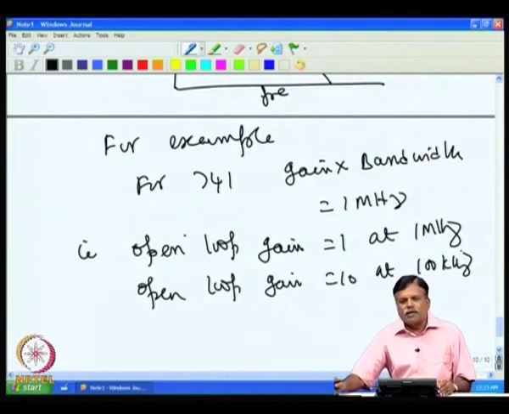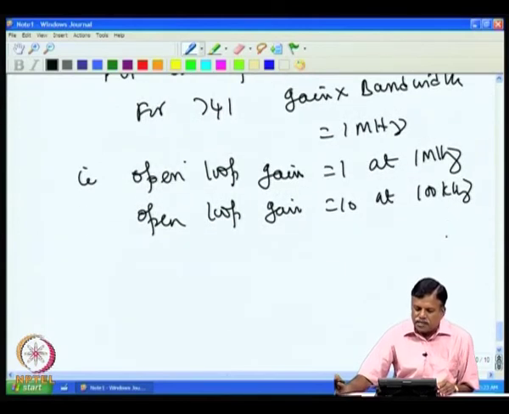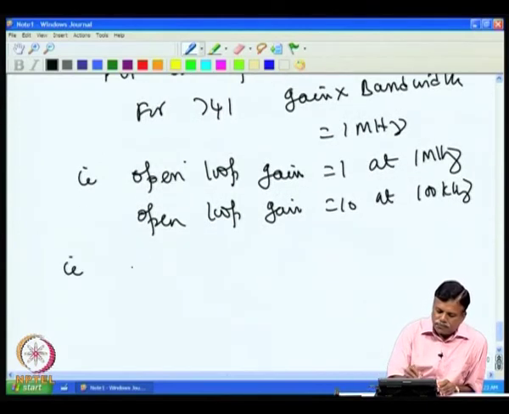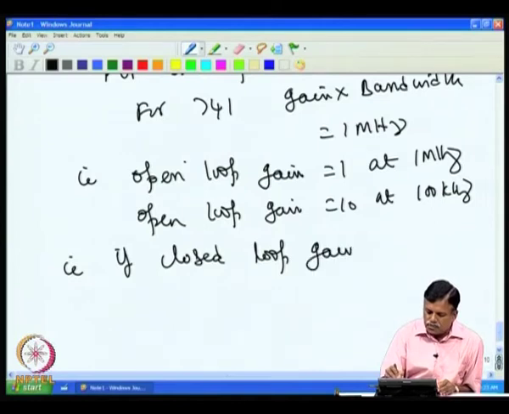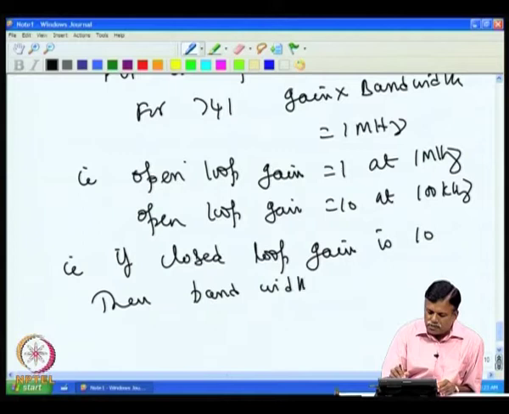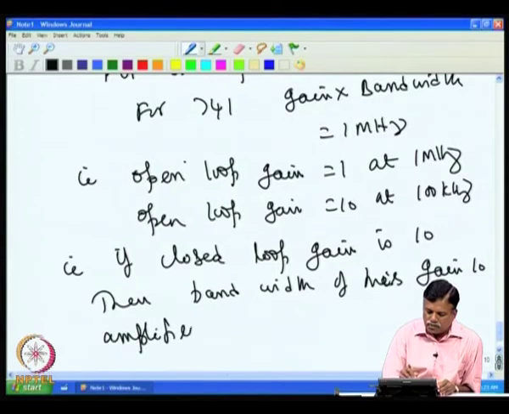That means, if I have an amplifier of closed loop gain 10, then its bandwidth will be 100 kilohertz. That is, if closed loop gain is 10, then the bandwidth of this gain 10 amplifier is equal to 100 kilohertz.